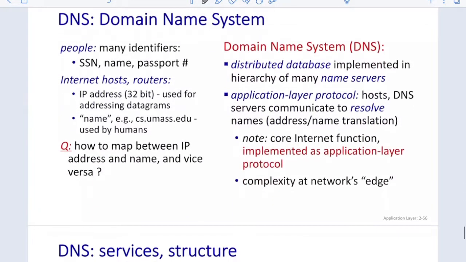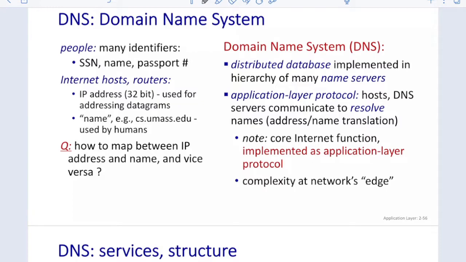So that is email. The next part is the domain name system, the DNS server. As we mentioned before, if you want to communicate with a host, to open a socket, you have to know the IP address of this host, right?